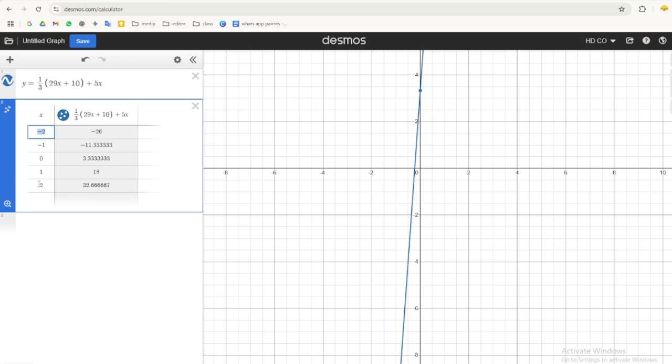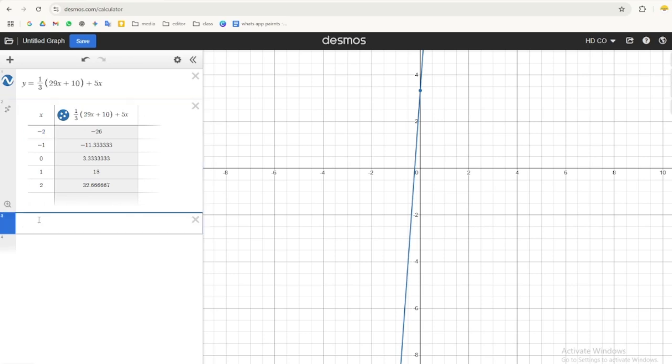We can use these numbers to get the slope. This is x1, y1, x2, y2. We will write y2 minus y1 over x2 minus x1 to get the slope.